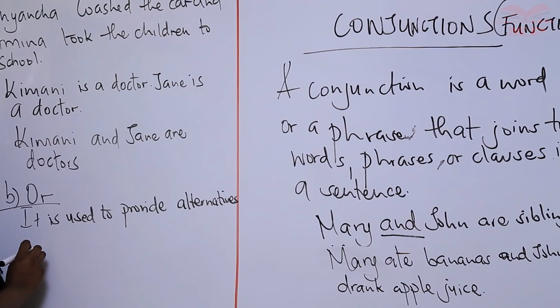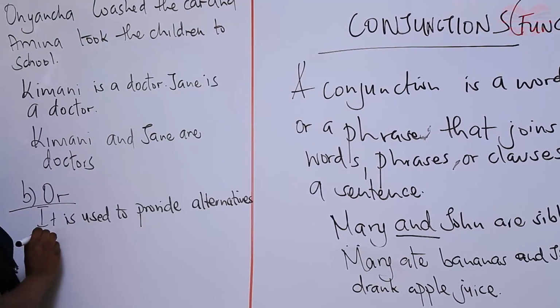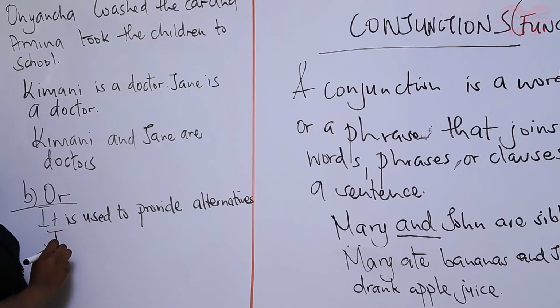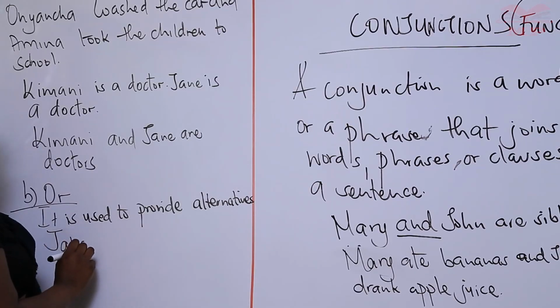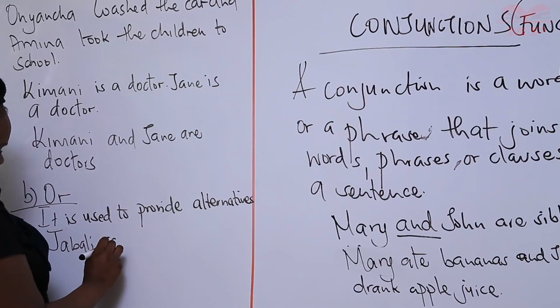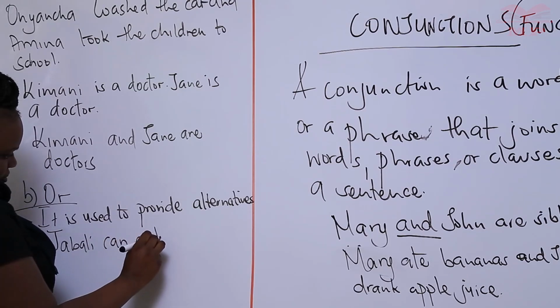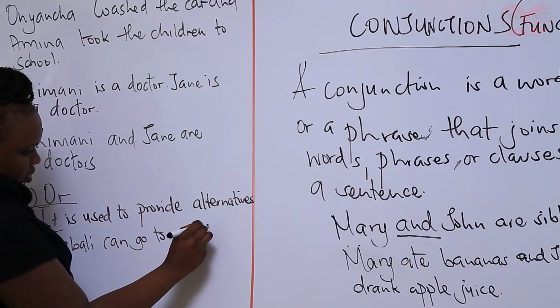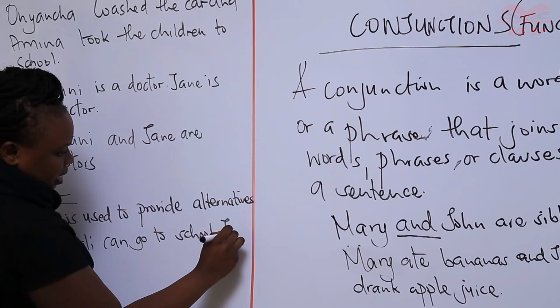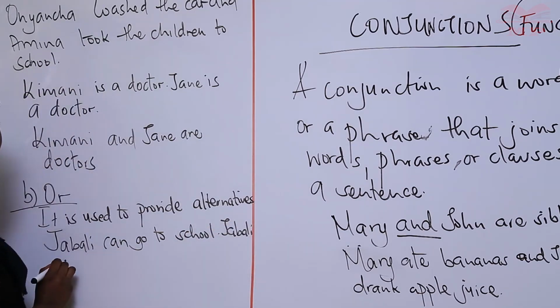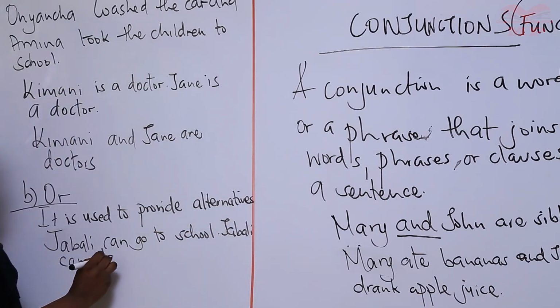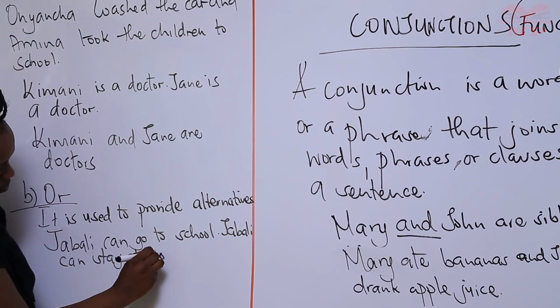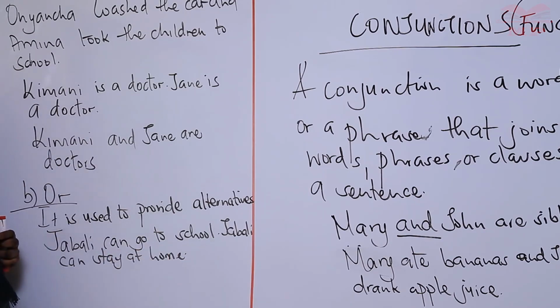Okay, for example, let me not use Mary. Jabali can stay at home. So it gives you an option, it gives you alternatives.